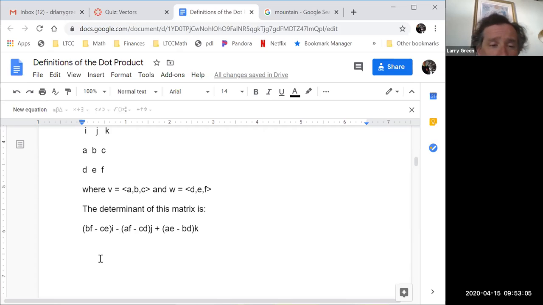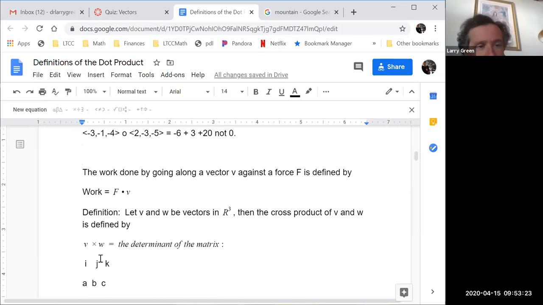Okay, it's kind of a weird looking definition. And what's the issue about this one? Remember, the issue with the dot product was that you don't get a vector when you're done. Here you get a vector when we're done. You know what the issue is? It's in the definition.